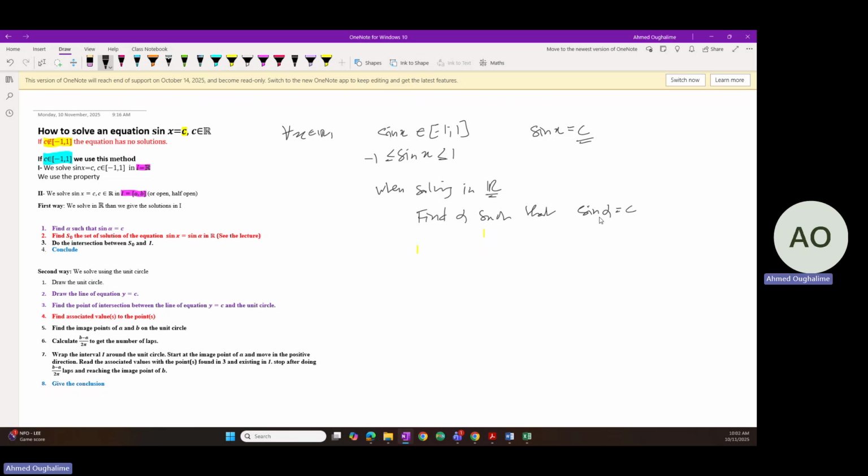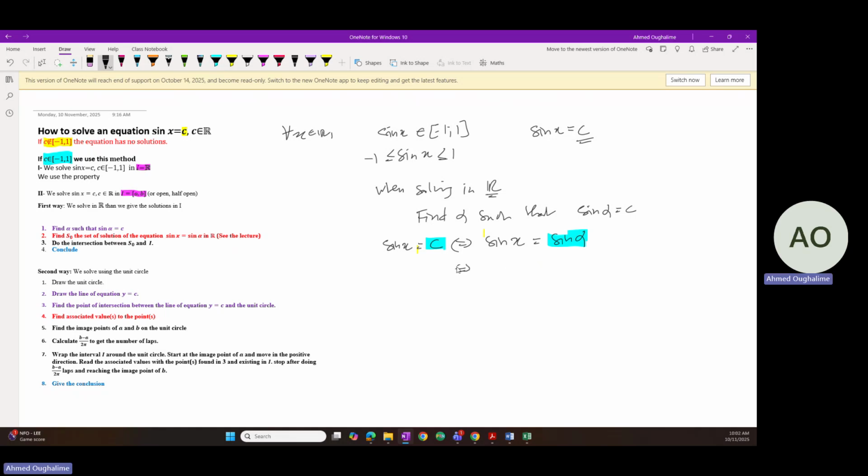Once I get that alpha, then solving the equation sin x equal to c comes to solving the equation sin x equal to sin alpha. So here we are replacing the number c with the number sin alpha. Remember, sin alpha is also a number.